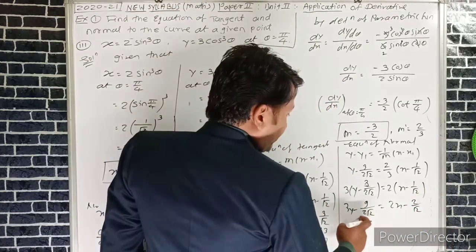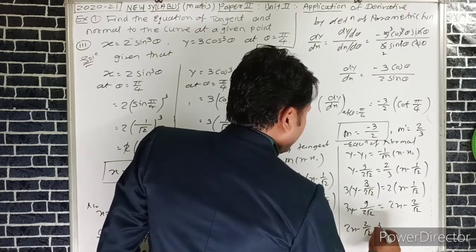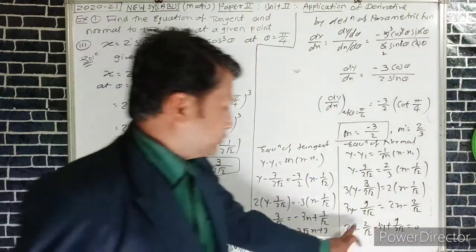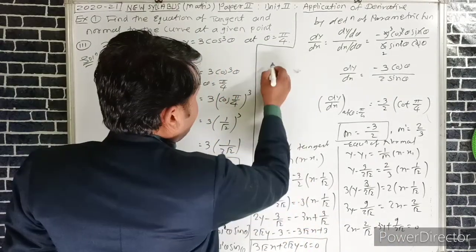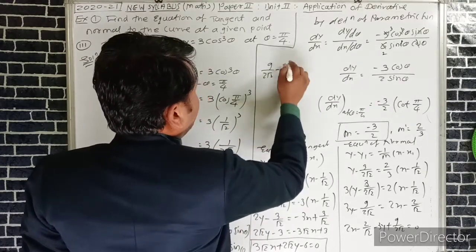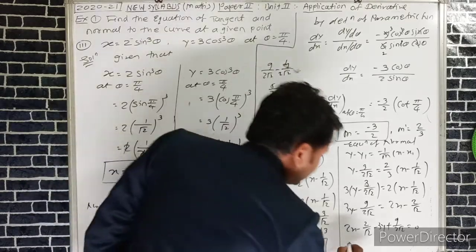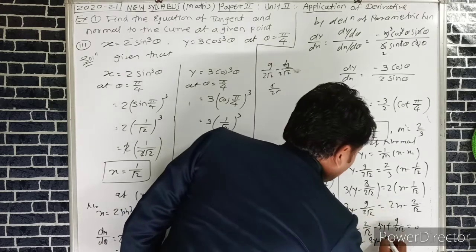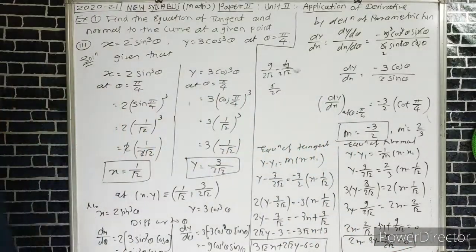Here, if we take this, 2x minus 3y plus 9 upon 2 root 2 minus 2 upon root 2 is equal to 0. We can write this 2 upon root 2 as 4 upon 2 root 2. 9 minus 4 is 5 upon 2 root 2. So this 2x minus 3y minus 5 upon 2 root 2 is equal to 0, which is the required equation of normal.